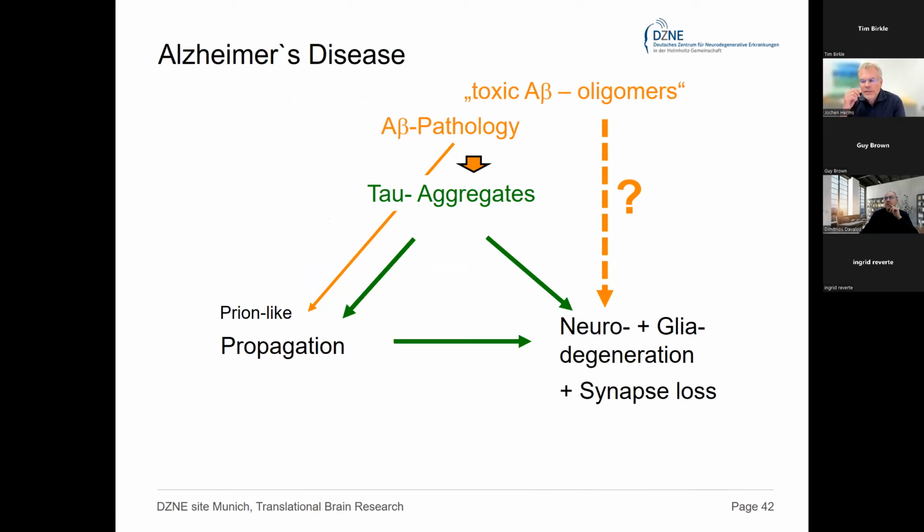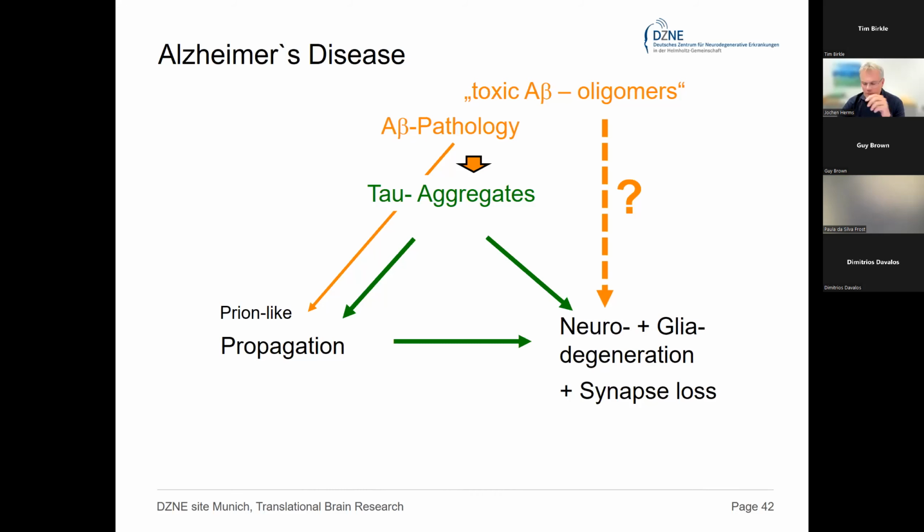There's another hypothesis around for 20 years now, claiming that there are toxic A-beta oligomer species that affect neurons and synapses independent of the formation of tau. From my point of view, this is still a hypothesis. We don't know whether these toxic A-beta species are really in the living human brain.